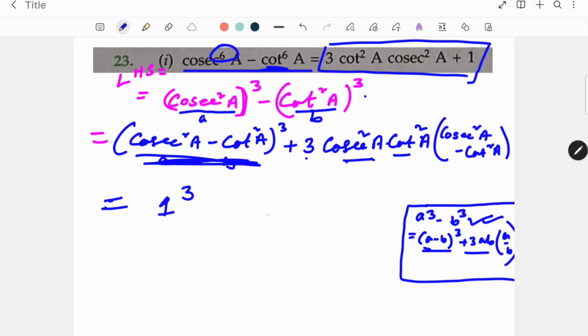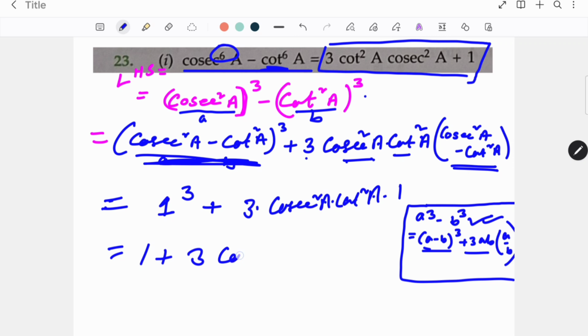So it is 1's cube plus 3 into cosec square a into cot square a, which remains as it is, and this a minus b is also cosec square theta minus cot square theta, so its value is also 1. So we got 1 plus 3 cosec square a into cot square a, and that is only our RHS. Hence proved.